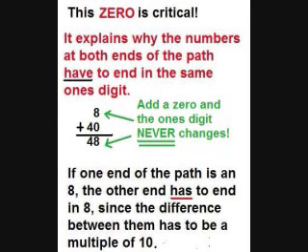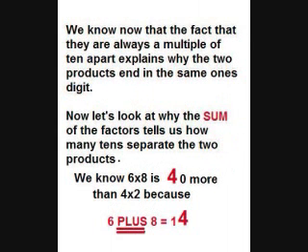If one end of the path is an 8, the other end has to be an 8, since the difference between them has to be a multiple of 10. We now know that the fact that they are always a multiple of 10 apart explains why the 2 products end in the same ones digit.